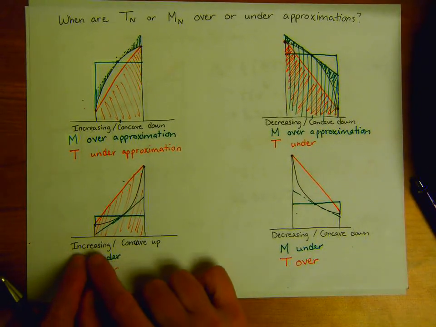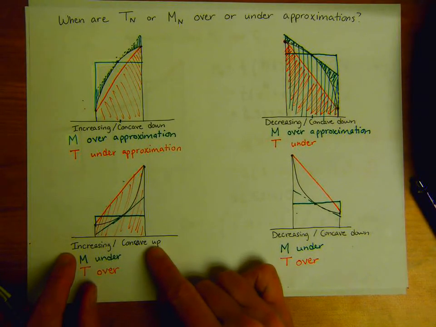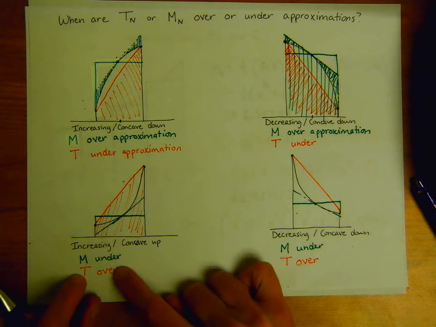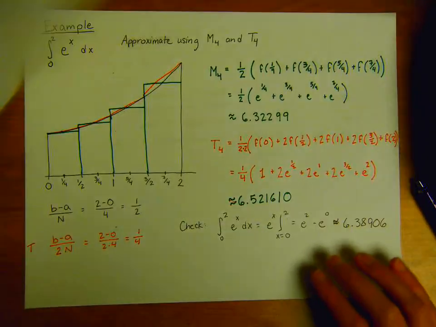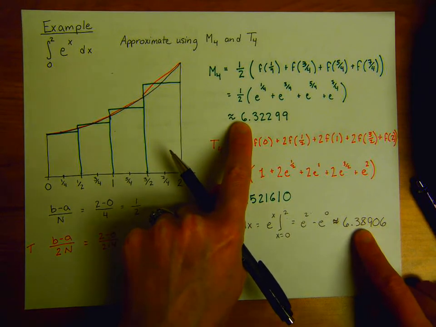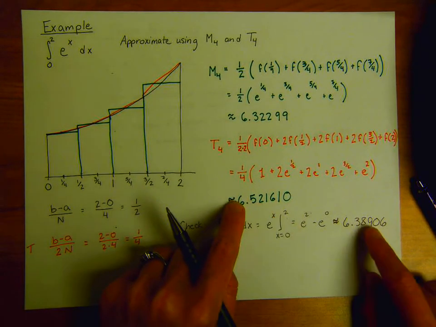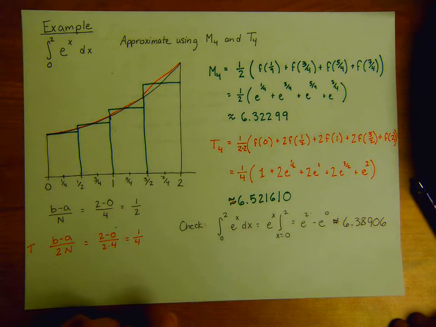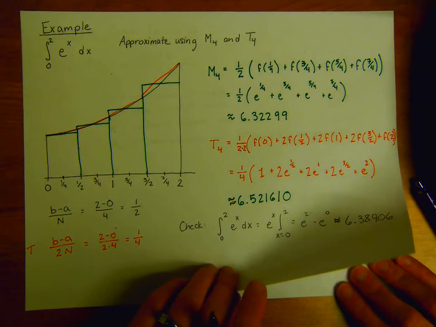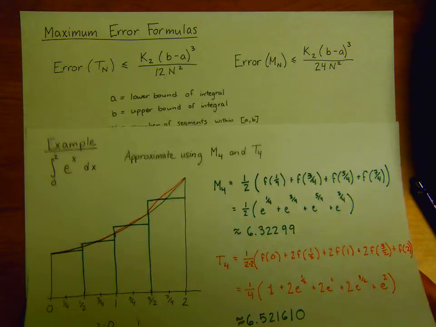Looking at what we did before, for increasing concave up functions, you would expect the midpoint approximation to be under and the trapezoid approximation to be over. And that aligns, that our midpoint approximation was less than our actual value, and our trapezoid approximation was more than the actual value.